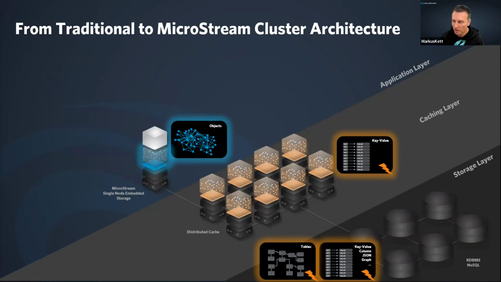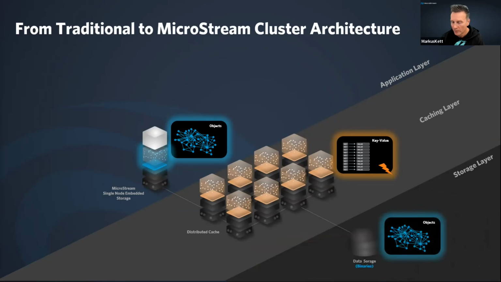We don't need a cache anymore. So this means we can remove the distributed cache even. And we can remove the database cluster because we don't need a database system that runs on a remote machine. So now we can replace a database cluster with only a storage, because we store binary data. As I said, we don't need a cache anymore. We don't need the cache cluster.